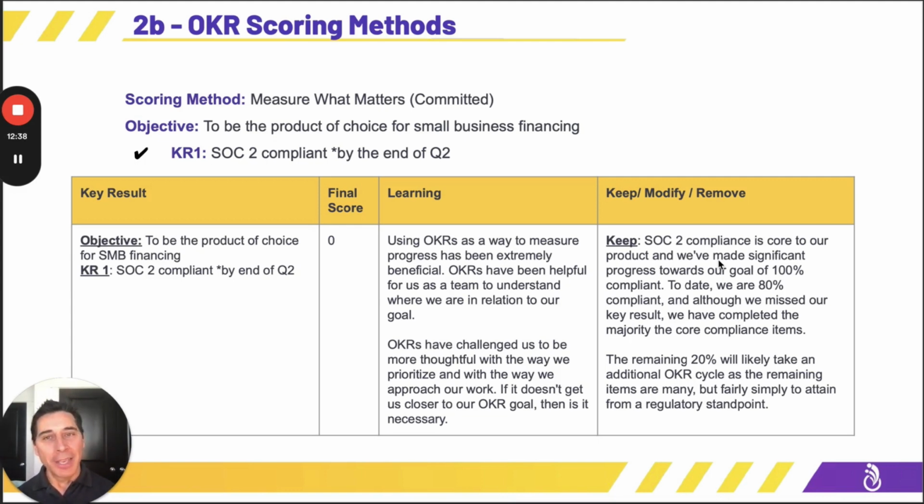Okay, so yeah, we gave ourselves a 0, but we've accomplished 80%, right? And it sounds to me like we've accomplished really the heavy lifting here. And if you've ever been through a compliance or some type of audit, it's good to be at that score, especially if you've done the majority of the heavy lifting with a compliance.